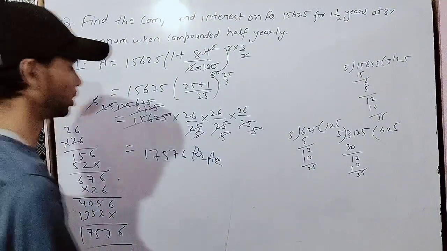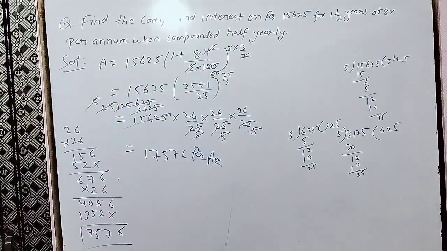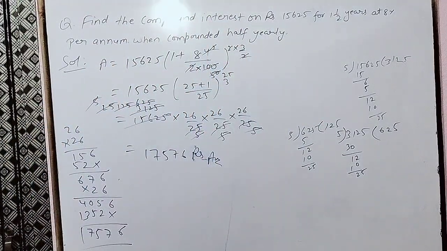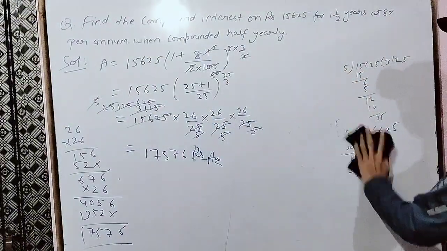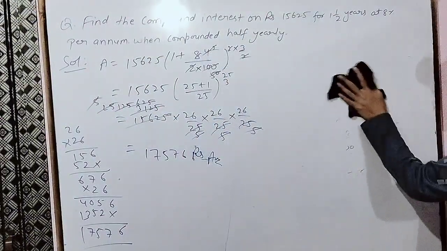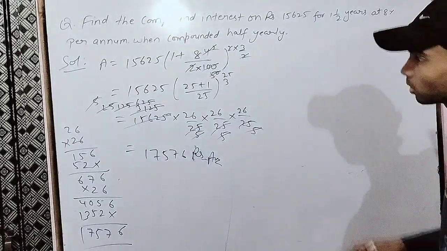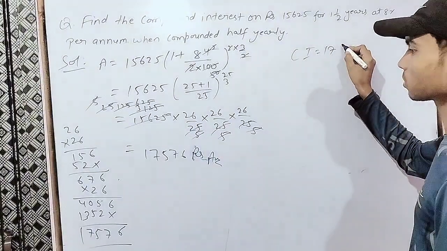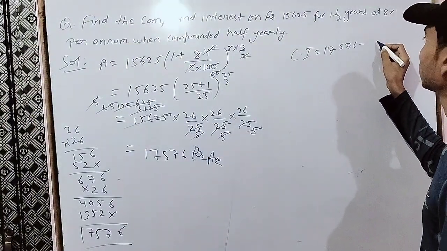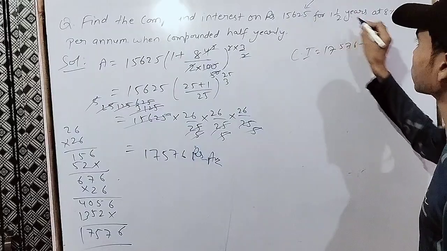Compound interest can be calculated. Clear? You can even check. Is it clear or not? From here, as you know, compound interest can be found. For calculating compound interest, the final amount is 17,576, and this is the principal, 15,625.